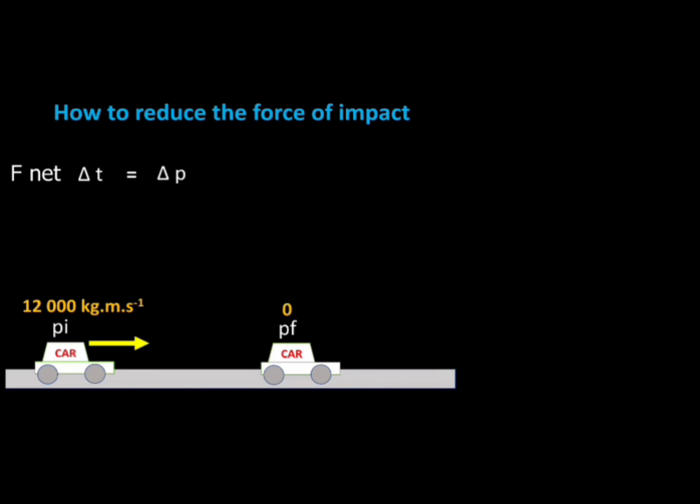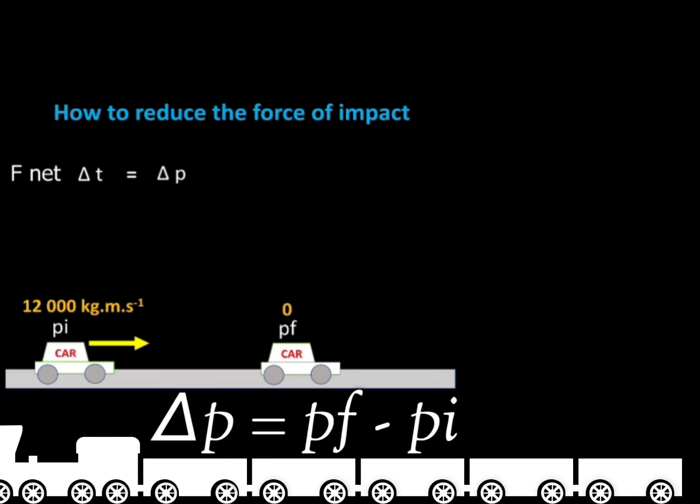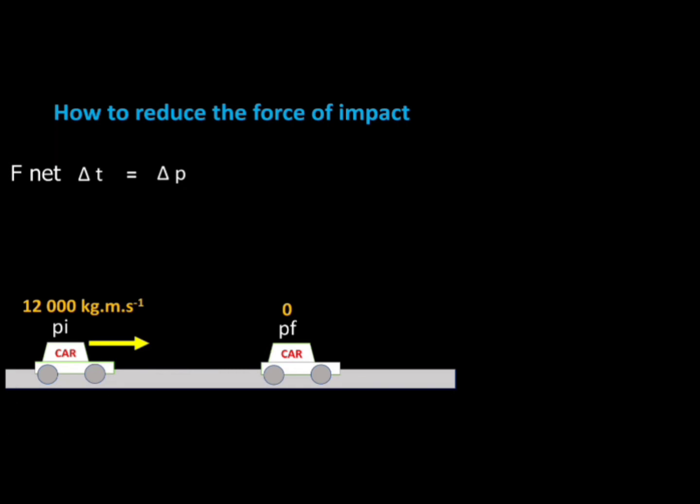We can easily calculate the change in momentum of this car by saying final momentum minus initial momentum. 0 minus 12,000 to give us negative 12,000 kilograms meters per second. The negative just tells us that in our example, the car is moving east. The impulse that stops the car must be west.